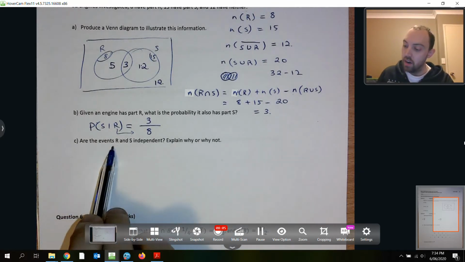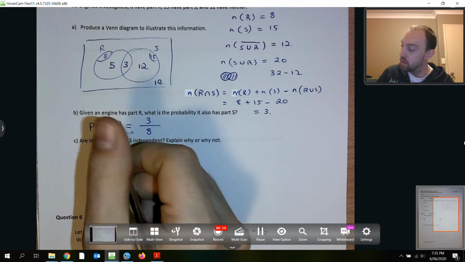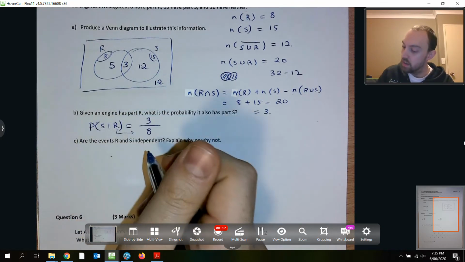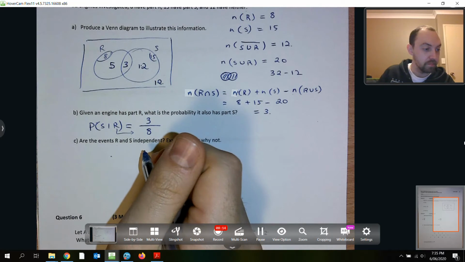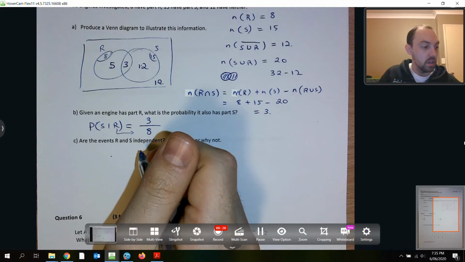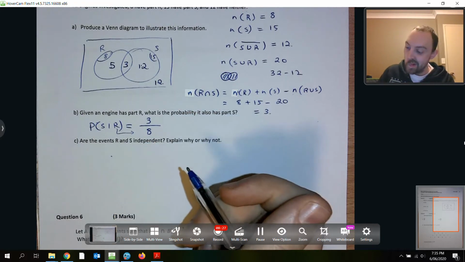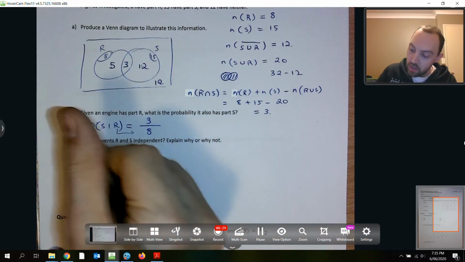Are the events R and S independent? Well, in this case, okay, we can look at this in 2 different ways. Let me just double check, make sure I'm not going in the wrong direction. Alright, so let's try this way.